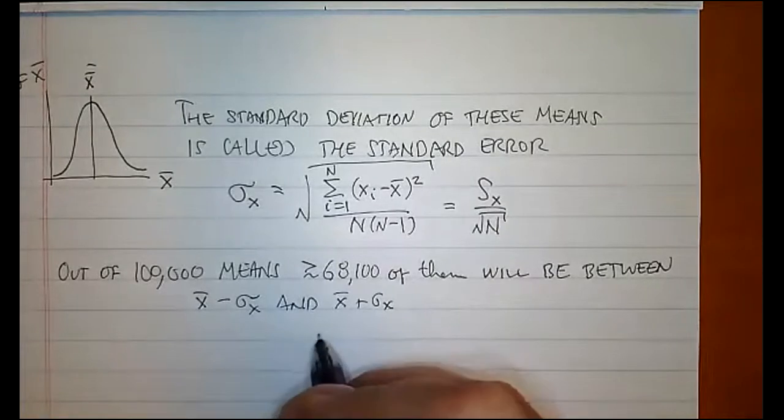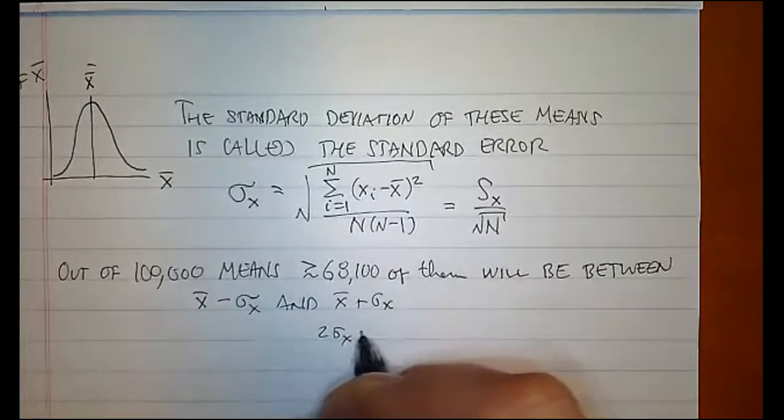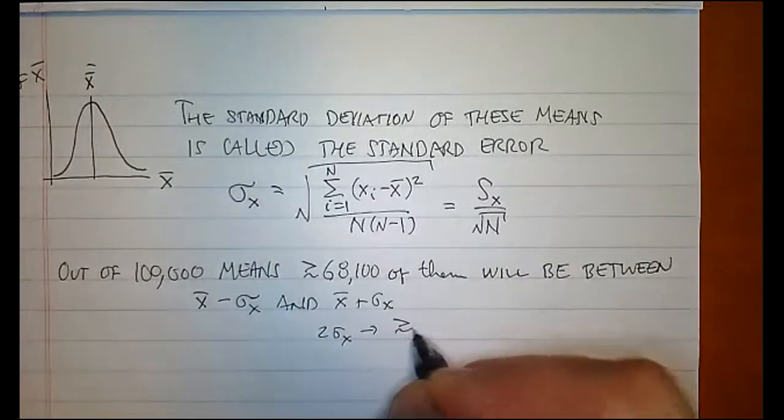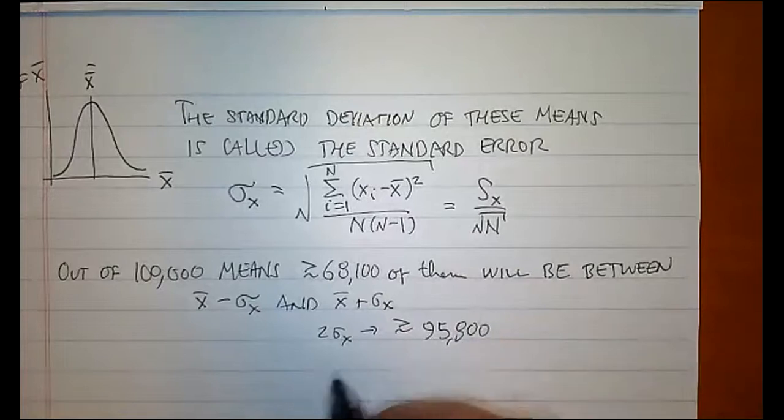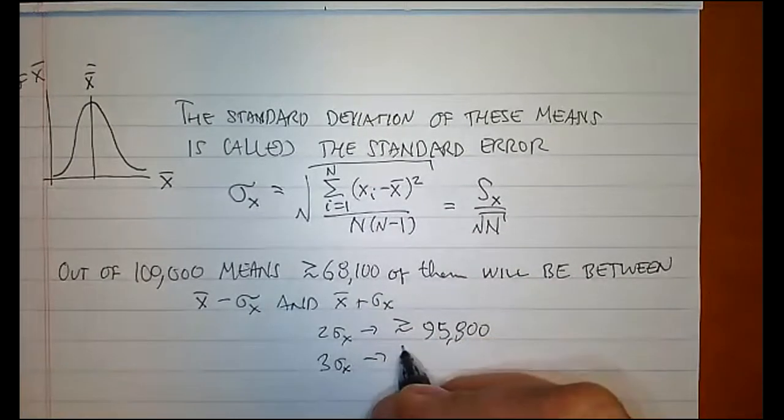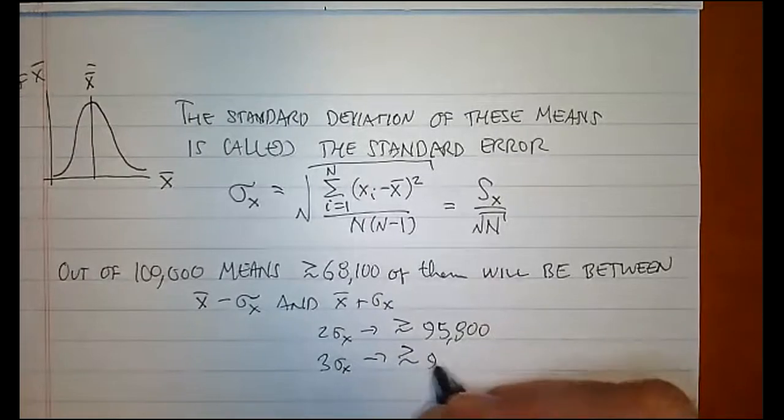And when you do 2 sigma x's, that means greater than or equal to 95,800. And when you do 3 sigma x, that means greater than or about 99,000.